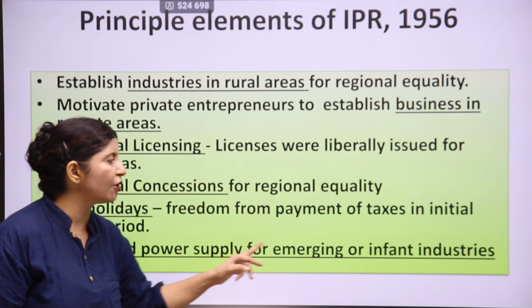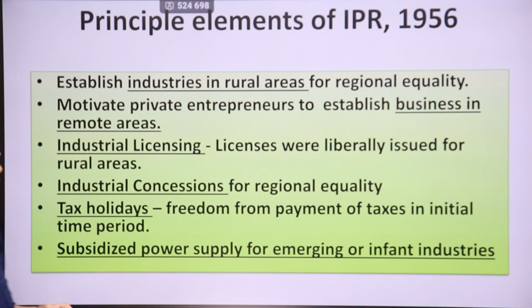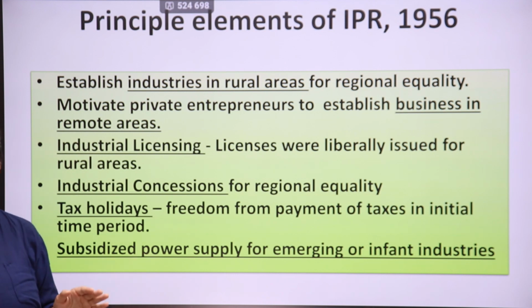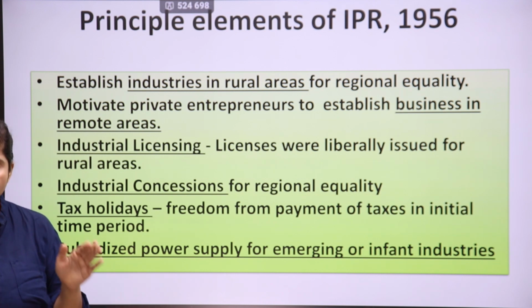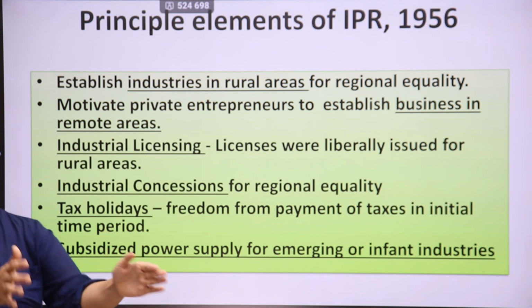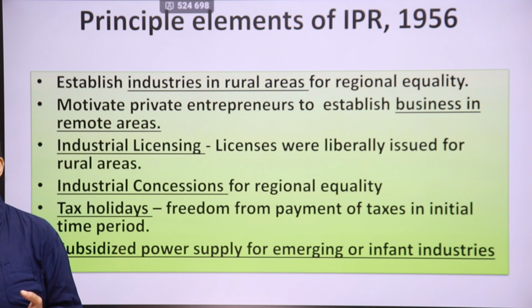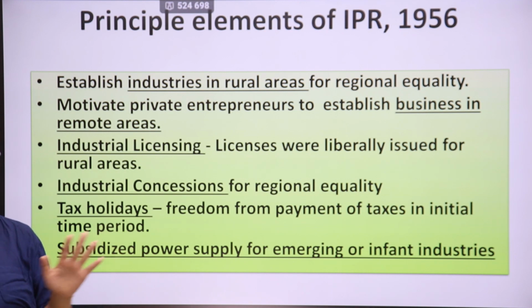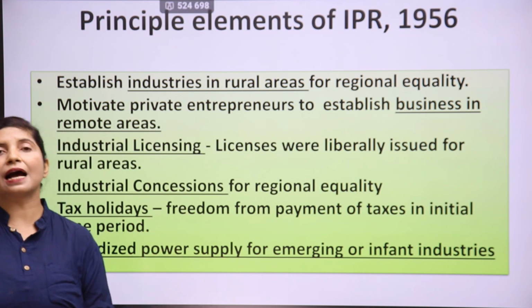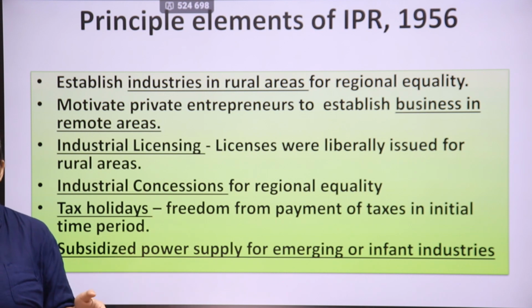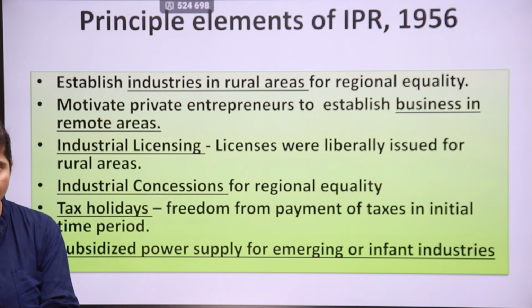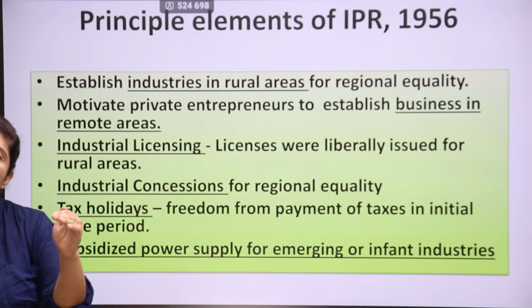Subsidized power supply for emerging or infant industries. Those industries which are infant, that means in initial phases. For example, if I establish some industry, I have less finance, fewer inputs, no modernization, fewer capital resources, and not that much skilled labor. That means I am a small industry, I need protection, I am infant.